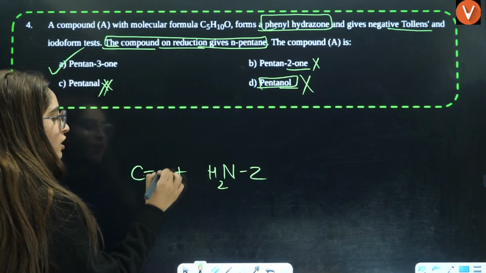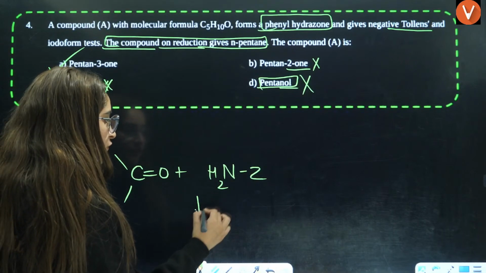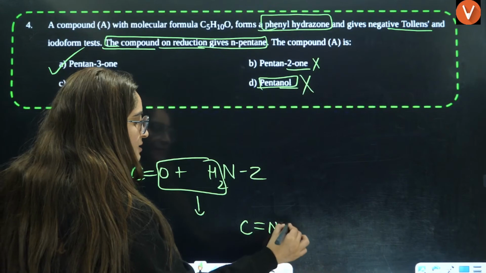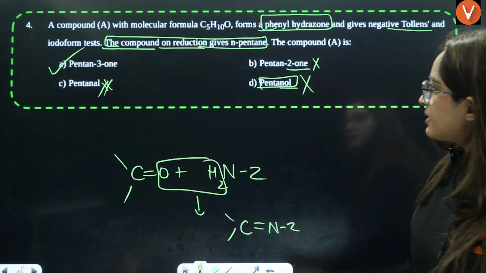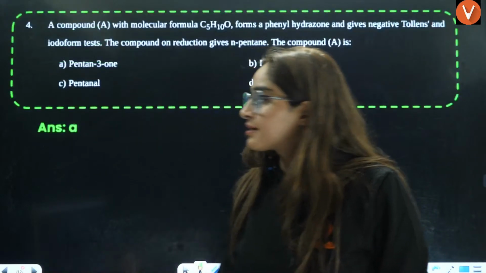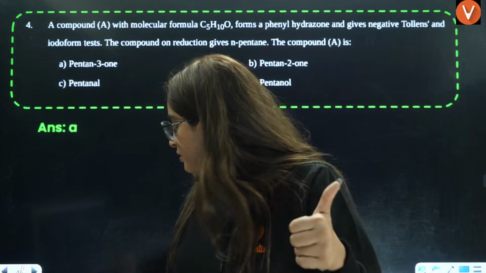Whenever you have a compound having a carbonyl group, it will give us C double bond N, with the double bond over here, right? So that means this is also ruled out. So the answer is going to be A, the correct answer. Understood this, guys?